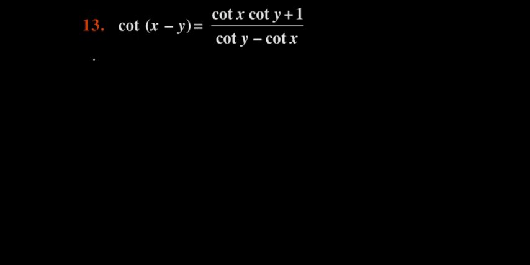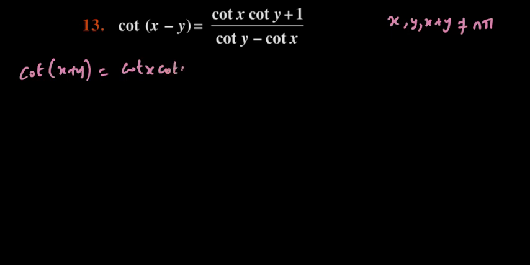Now, to keep in mind, we can use this. Cot x can be written as cos x by sin x, so the denominator is sin x. The sin function does not exist when it is a multiple of pi, so x, y and x plus y are not equal to n pi. So let me write cot of x plus y. In that, if we substitute y as minus y, we will get cot of x minus y. Cot of x plus y is cot x cot y minus 1 divided by cot y plus cot x.